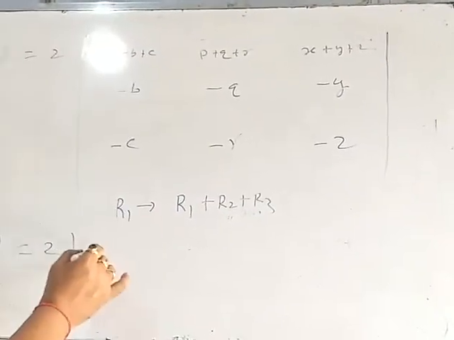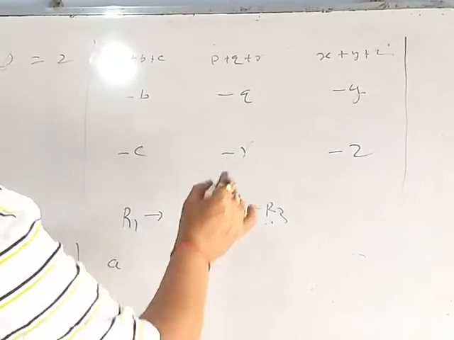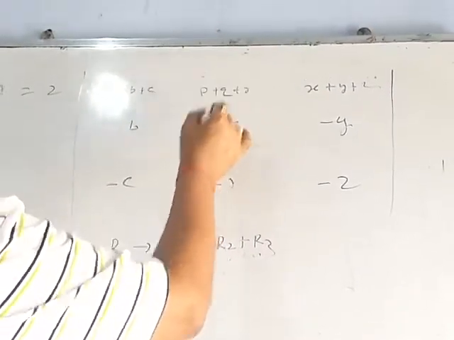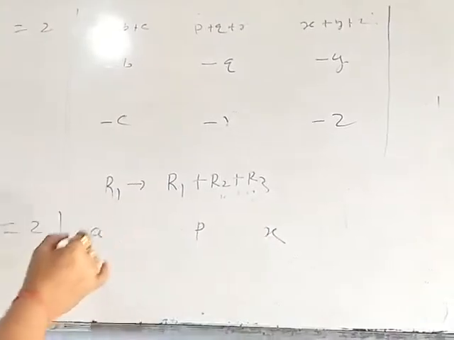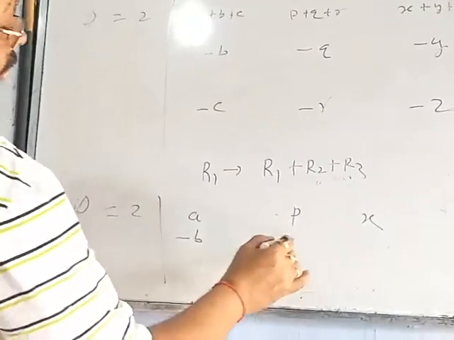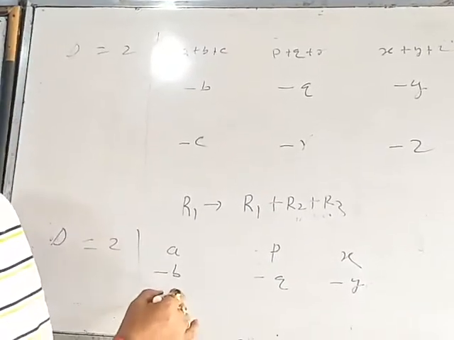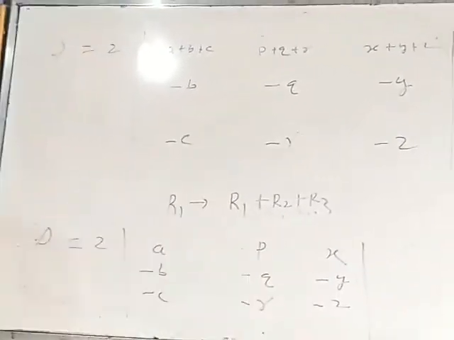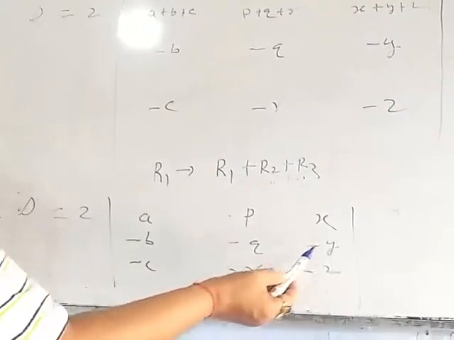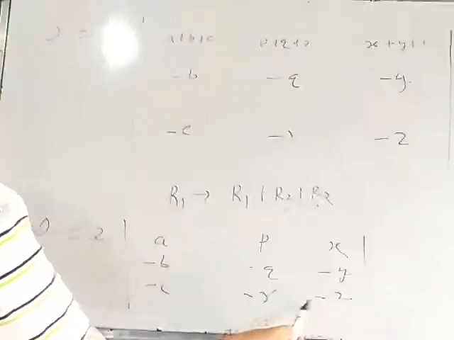That is A. Here is P, and here is X. Here is A, minus B, minus Q, minus Y, minus C, minus R, minus Z. You know, students, minus 1 is common in the second row, minus 1 in the third row.